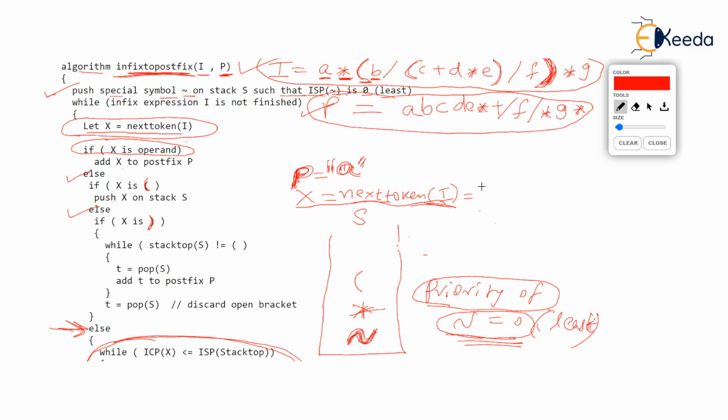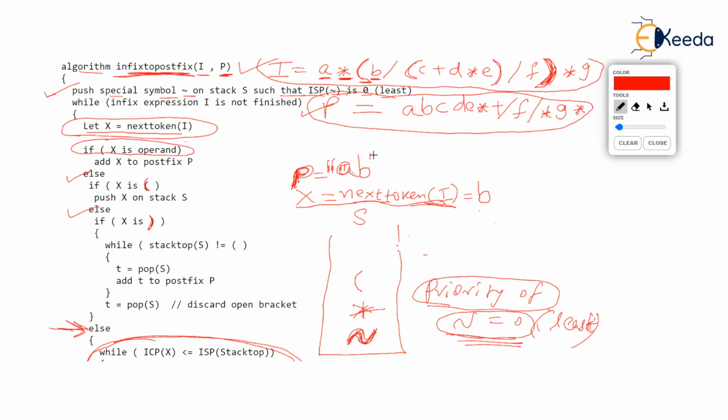What do you do when X is an operand? Come on, if X is an operand, check the cursor place, then simply add that operand X to the postfix. So this time postfix P, which was simply A, will now become A followed by B. You are simply adding the operand to the postfix. I hope you are understanding it, isn't it? So which cases have you seen till now?